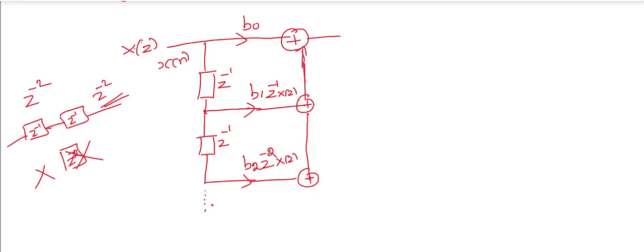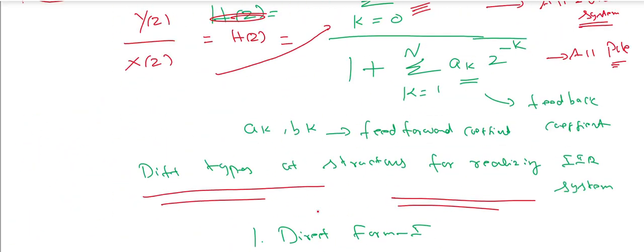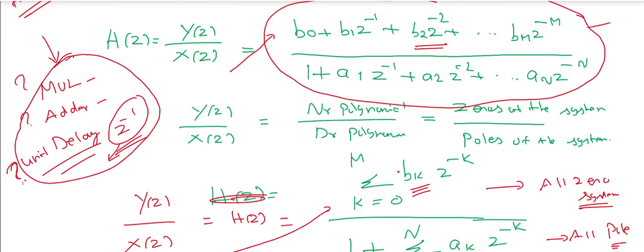Bm are the coefficients of the numerator polynomial of the system.